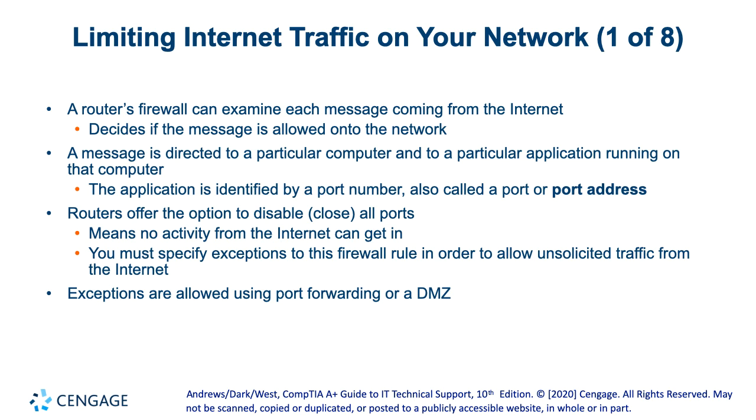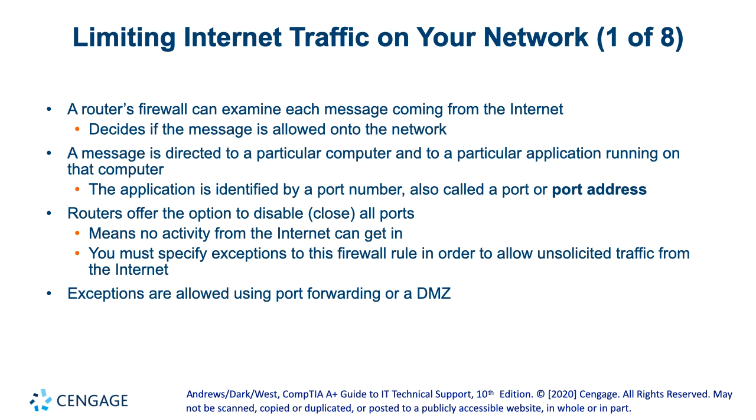All right, so limiting internet traffic on your network, right? A firewall can examine each packet and decide if its packet is allowed onto the network or off the network. A packet is directed to a particular computer and to a particular application running on a particular port on the computer. That's how packets are set up.